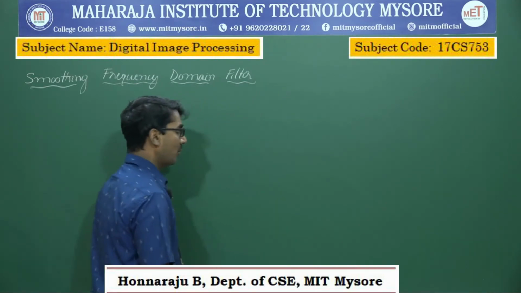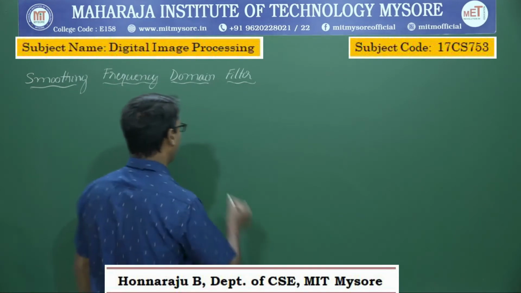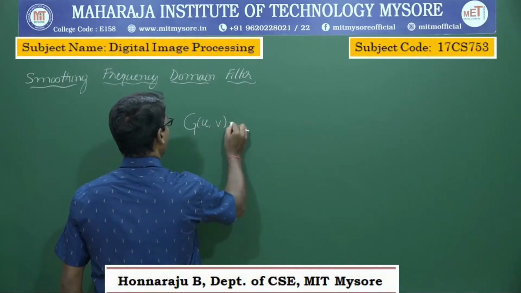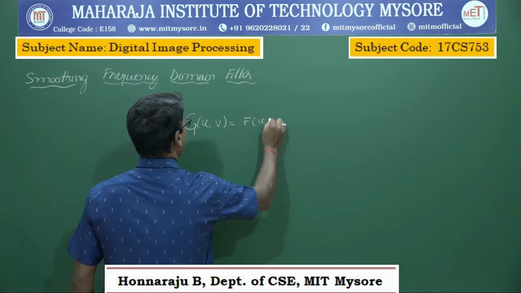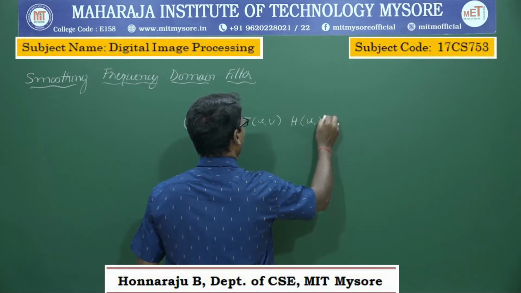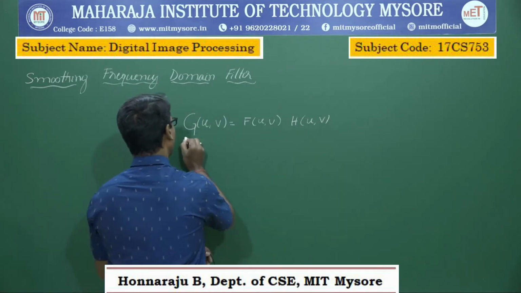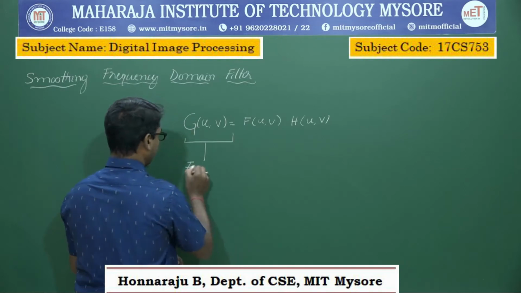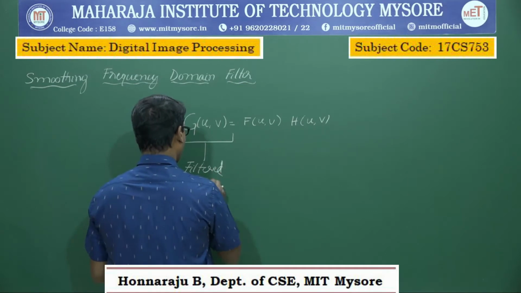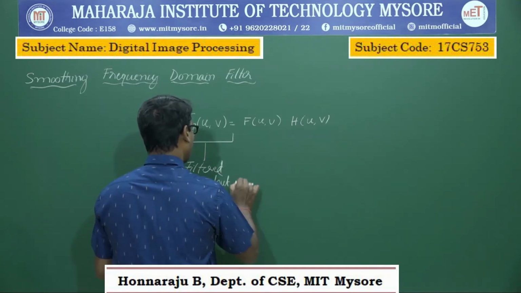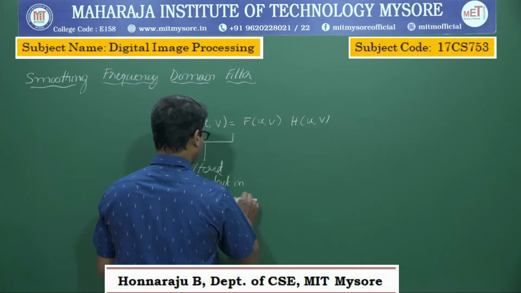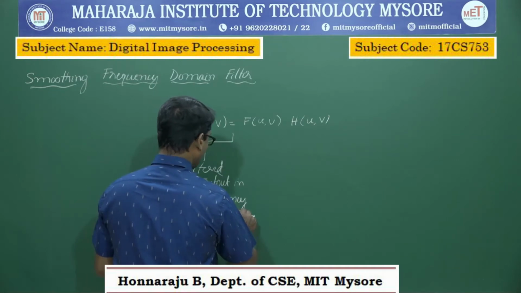The general model of filtering in frequency domain is represented by G of u comma v equals F of u comma v times H of u comma v. G of u comma v is the filtered output in frequency domain.